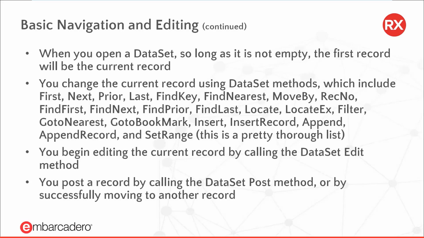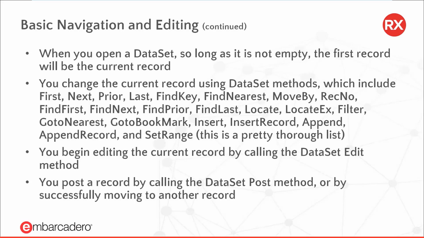There are searching methods such as FindKey, FindNearest. You can say MoveBy to move by a relative number of records. RecNo is something you can read to find out which record you're on. You can also set it. It's a writable property that when you set it, it actually moves to that record. So if you wanted to be on the fifth record of the result set, you could say RecNo equals 5.